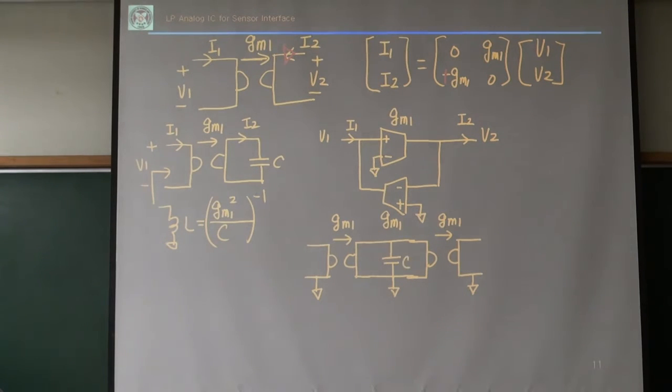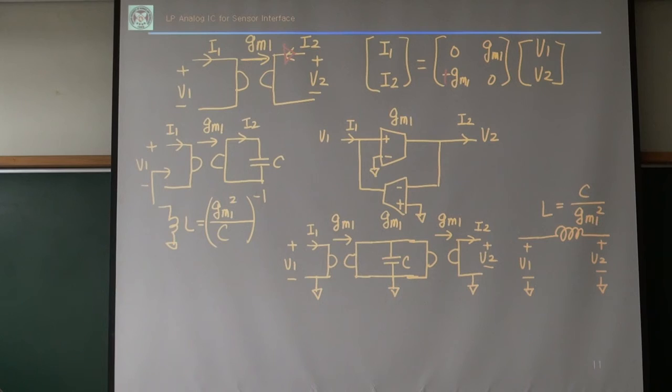Then this is V1, I1, V2, I2, and it becomes a floating inductor. So I used the same gyrator. Let us see, is it working or not?